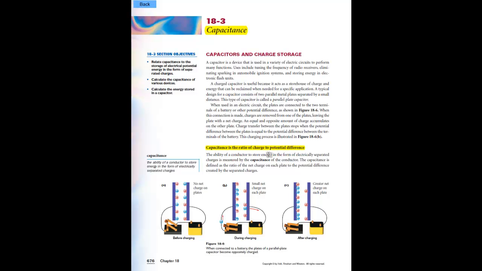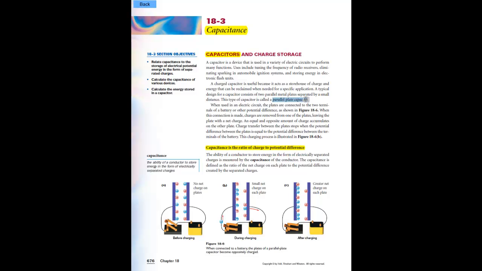So for any type of object, I can look at the potential difference and how that charge is related to it. Now, a capacitor is a device. Capacitance is a property. Capacitor is a device. Capacitors are there specifically to act as storehouses of charge and electrical potential energy in a system.